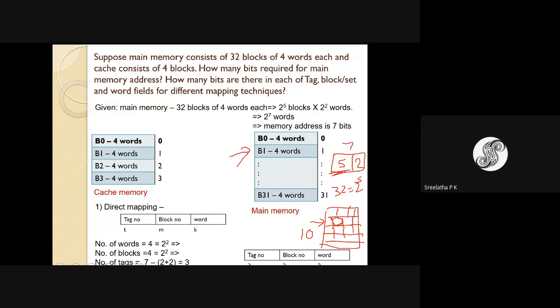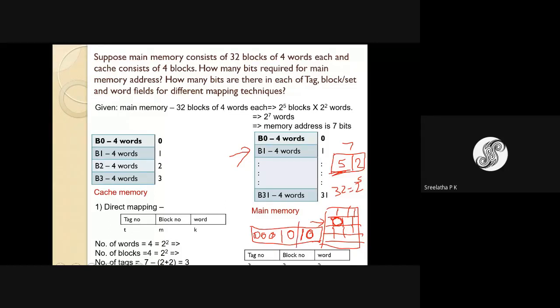So 2 bits for the word, 10, and the block number uses 5 bits. This is the address for retrieving this memory location.